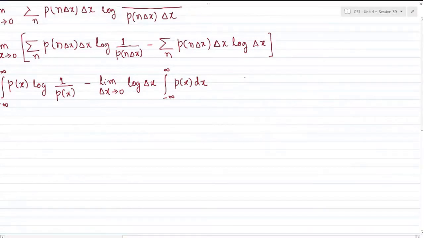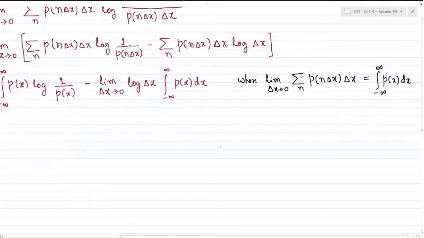Where we have replaced summation n p of n delta x times delta x, as limit delta x tending to 0, this we have dx.